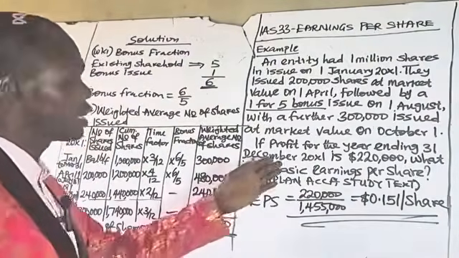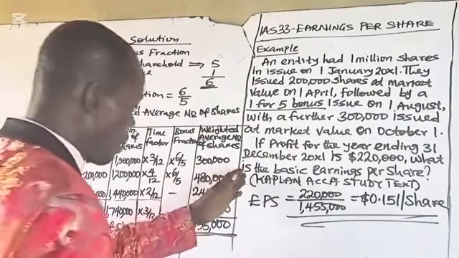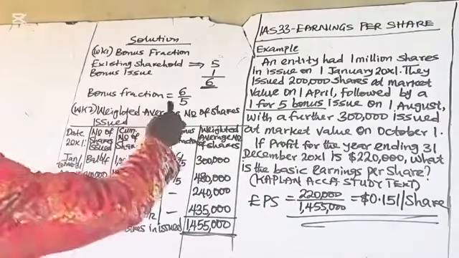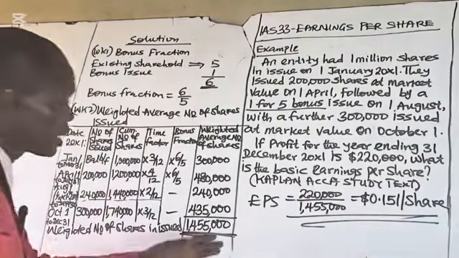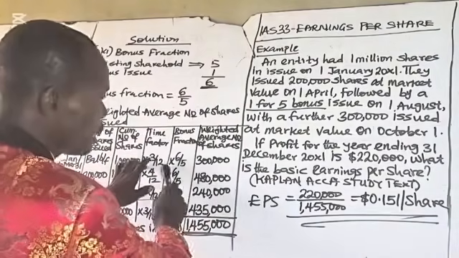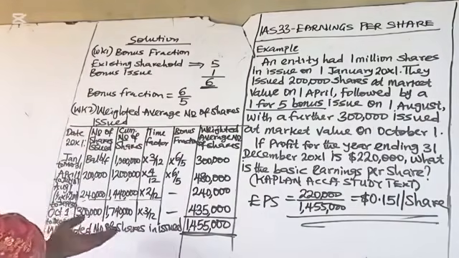You are not to restate the EPS. You are not given the EPS for the comparative period. So if it were given, you would have restated the EPS for the comparative year, that is 20x0. Now this EPS computed is for 20x1, then the one for 20x0 will be the comparative.